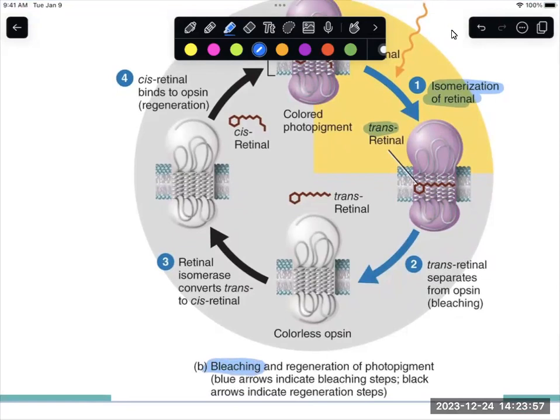That's why when you see something bright shine in your face at night, that bright light goes away, but you can still kind of see that light for a little bit. That's bleaching.